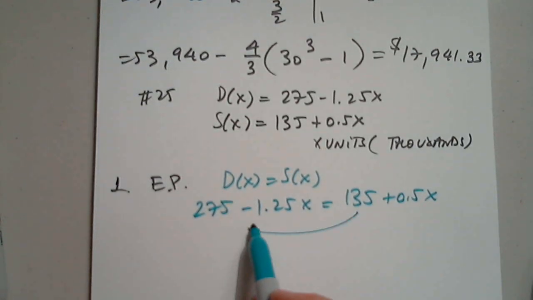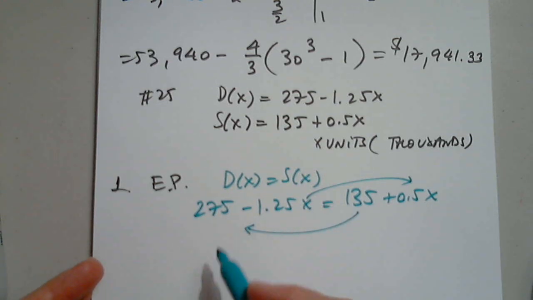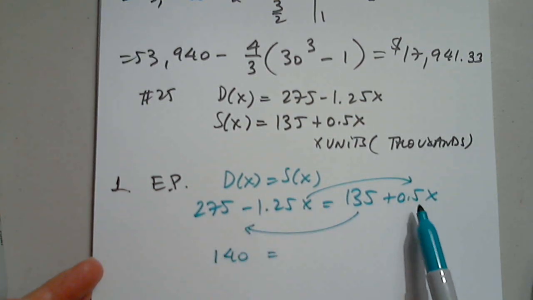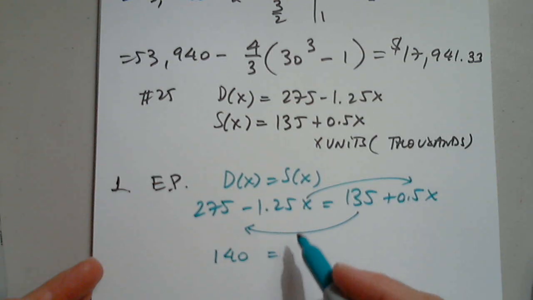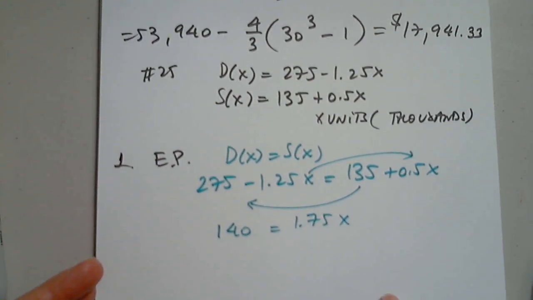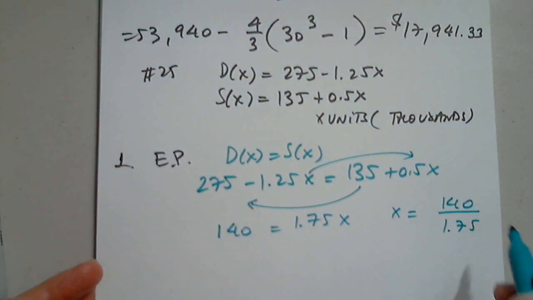I have to move 135 and I have to move negative 1.25x, or the other way around, it doesn't matter. So 275 minus 135 is 140 equals 1.25 plus 0.5 is 1.75x. And then x equals 140 over 1.75.